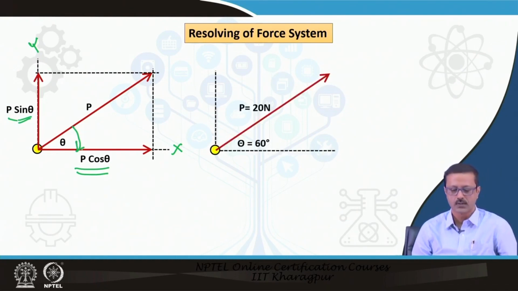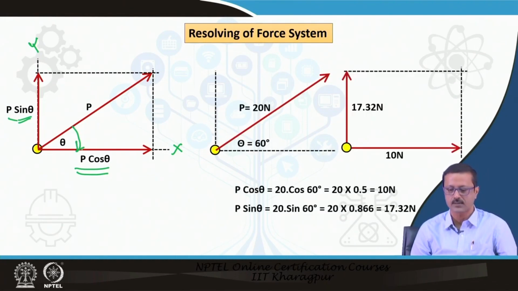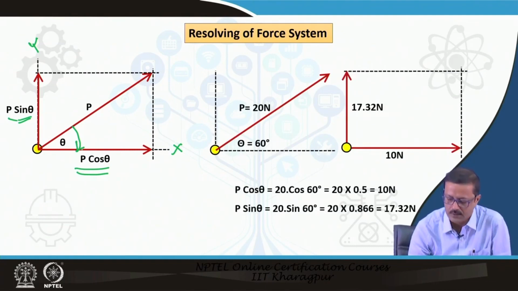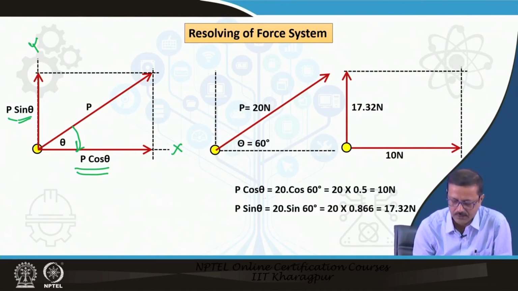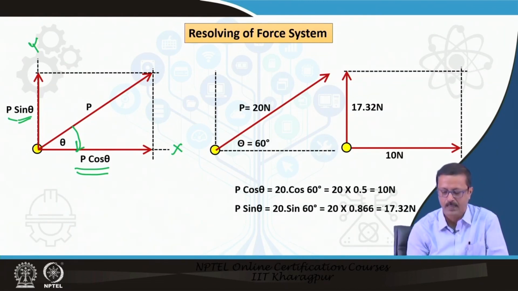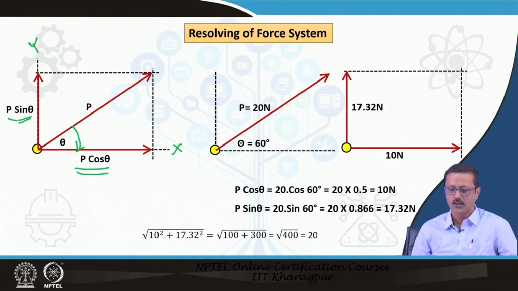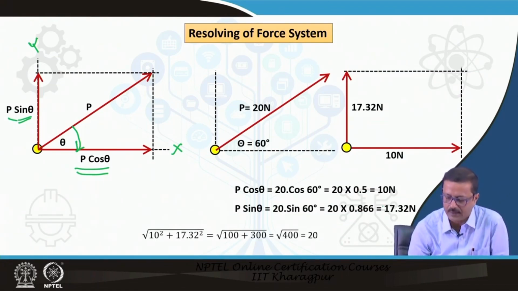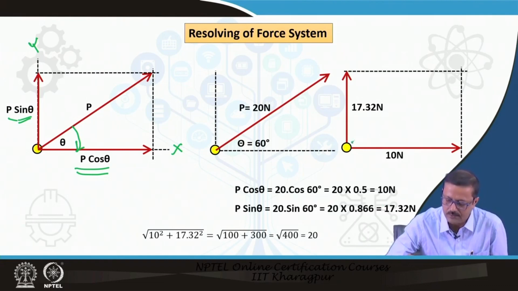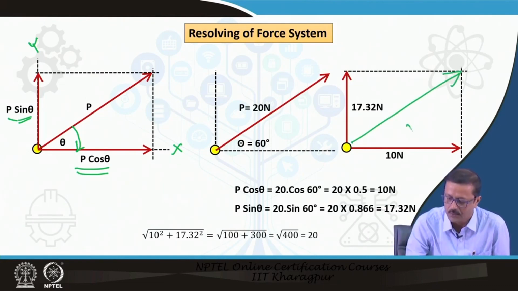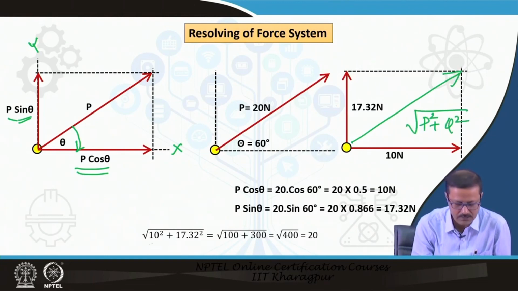So if this is 20 and this angle is 60, I can say this will be the 10 and this will be the 17.32 as I have written over here, because the cos component is 10, since cos 60 is 0.5 and sin 60 is 0.866. Again, if I have these two, the resultant force will be the under root of P square plus Q square.